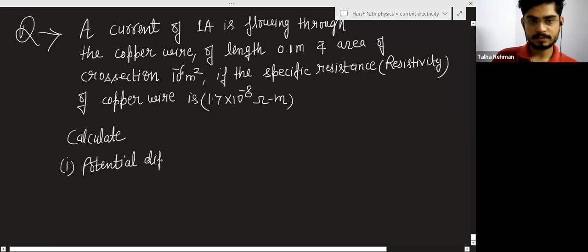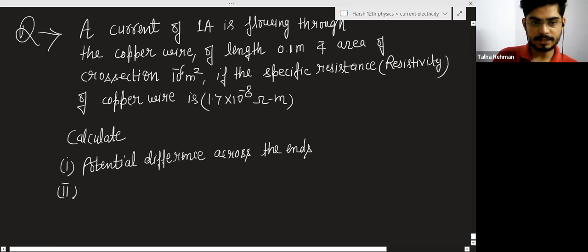Secondly, we have to find the current density.